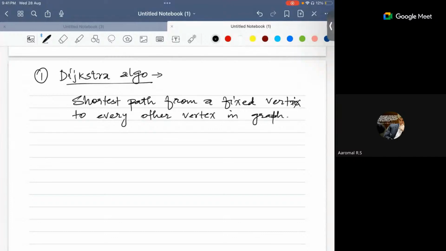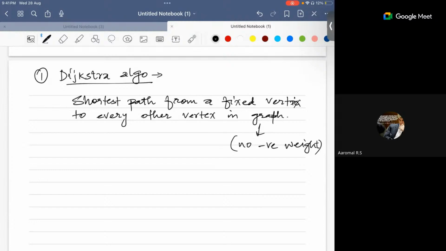And there is one common thing, that the graph should not have a negative edge, no negative weight. I hope you already know about negative weight and negative cycle.